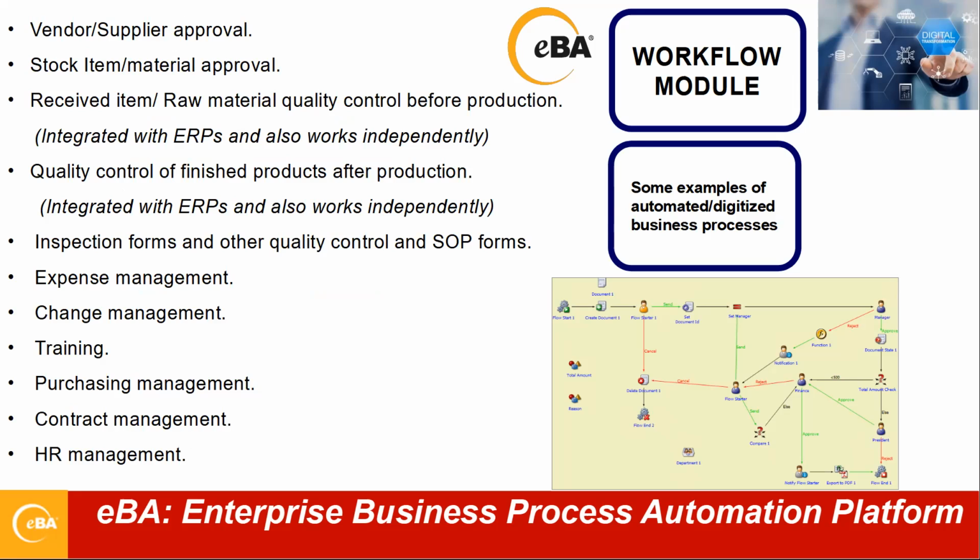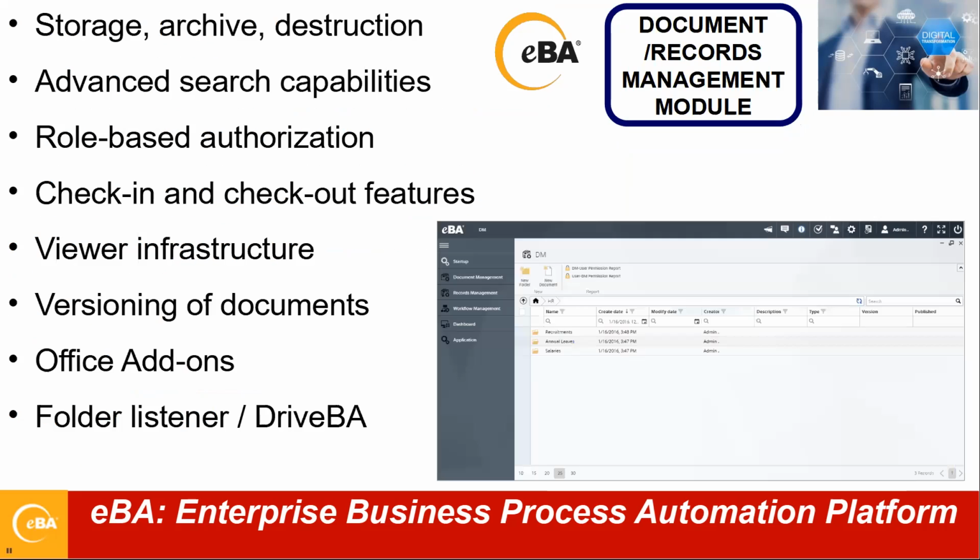Audit management, inspection management, expense management, change management, training, purchasing management are some of them. But I will talk about contract management in a minute as our focal point as to how you can manage your contracts digitally on the ERP platform in this digital age.